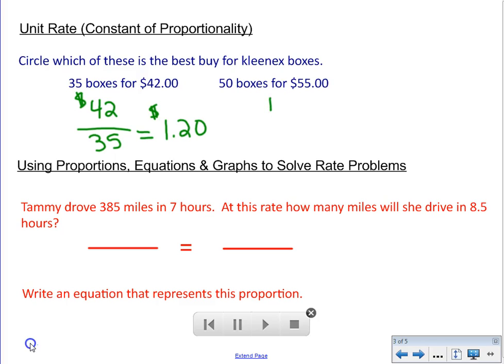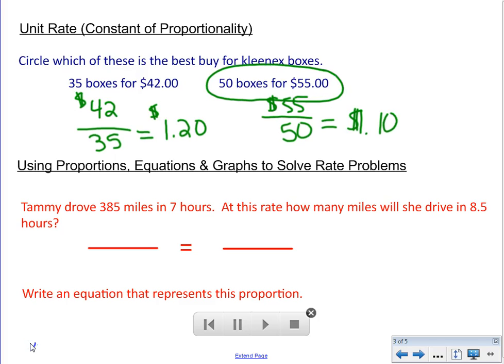If I do 55 divided by 50 boxes, because I just want to know what it is for one, 55 divided by 50 will give me $1.10. $1.10 per box. This would be my better deal. That's where I want to go shop for Kleenex.